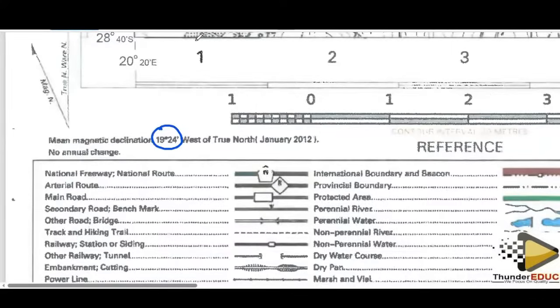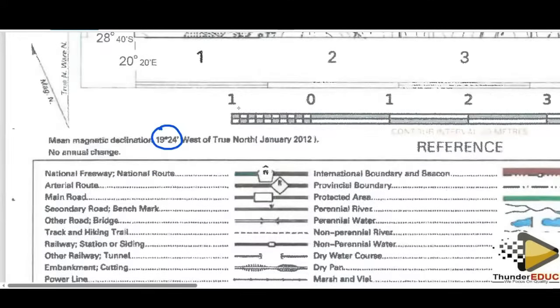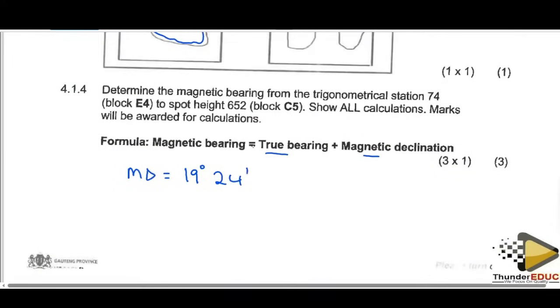That is our declination, so we're going to say MD equals 19 degrees and 24 minutes. Then we need to find a true bearing as well. True bearing.